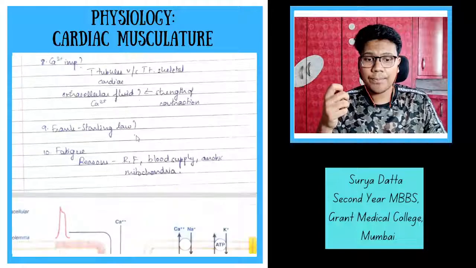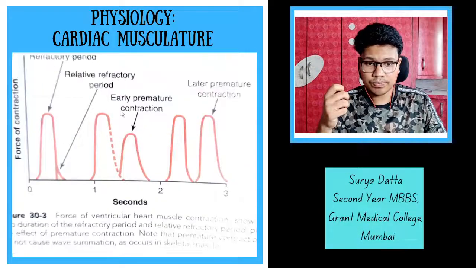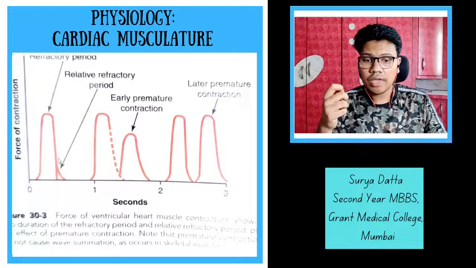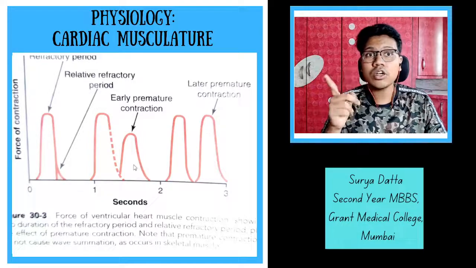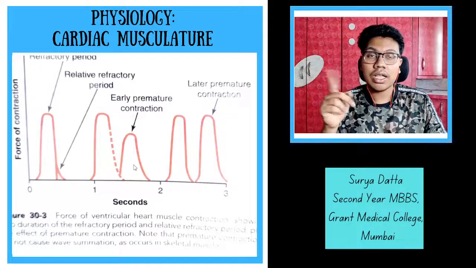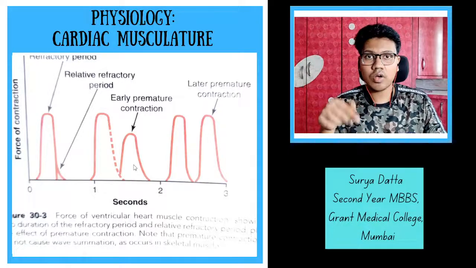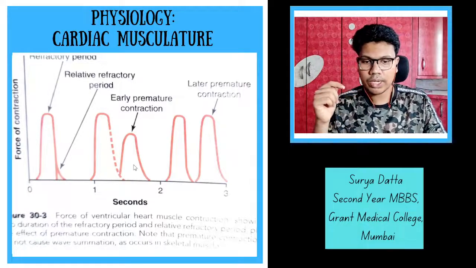But what will happen is, that's why I told you to keep this in mind. In the relative refractory period, if I stimulate it a second time, it's going to contract, but it won't contract that much. Now, there's a lot of reasons for this. The reasons aren't really the cause for this video, but I'm going to tell you about them anyway.